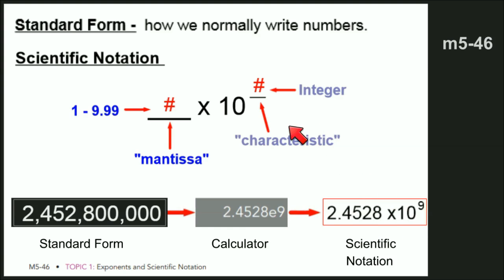The characteristic or the exponent is our 9 that shows up on the calculator. So the decimal stays the same as what they gave us on the calculator, E becomes times 10, and then 9 becomes to the 9th power. And again, that's in scientific notation. So we can take a number in standard form, go from standard form to the calculator to scientific notation.